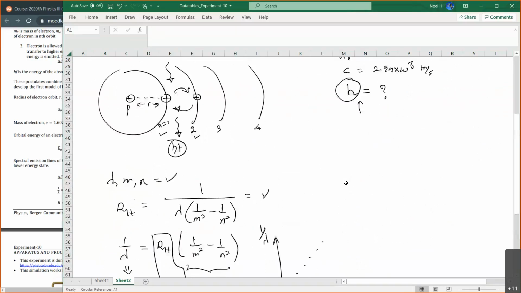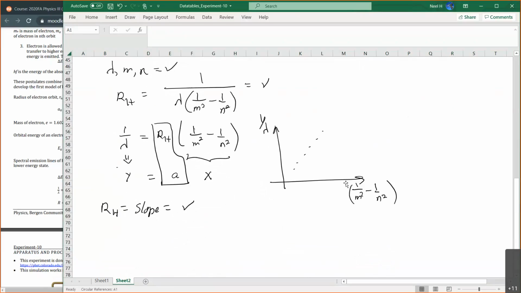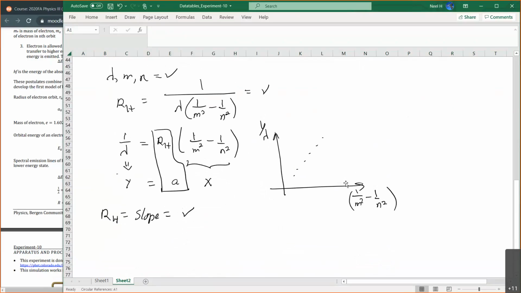In the second part of the experiment, we have different gas tubes. In our labs, we actually have many. We will test at least one or two other gas discharge tubes. We'll observe the colors, but we may not be able to calculate the Rydberg constant precisely. The reason is this formula isn't valid as is when the atom is heavier.